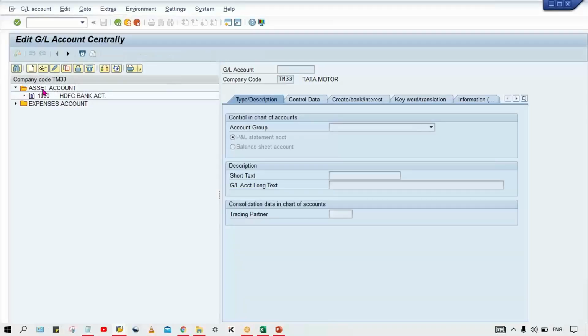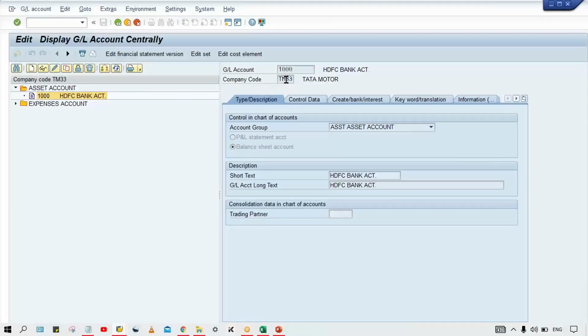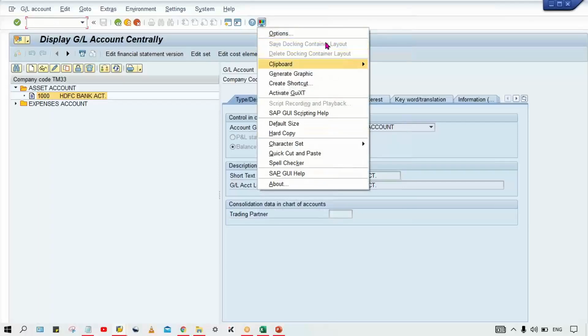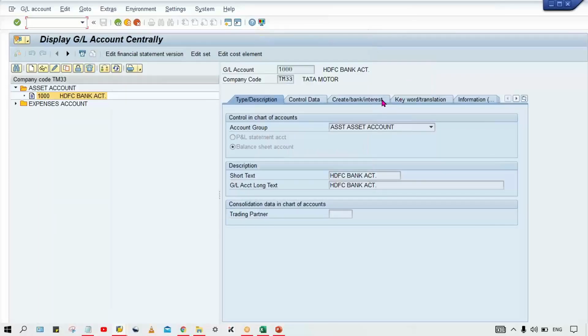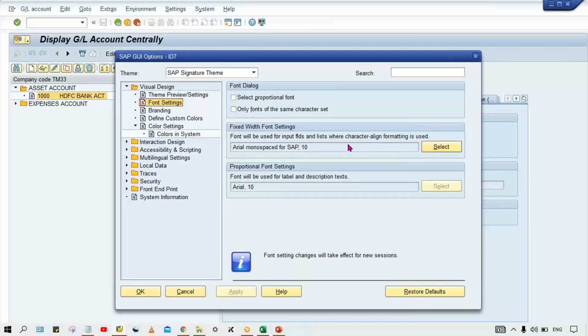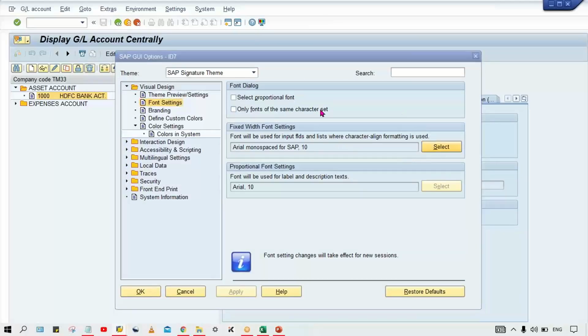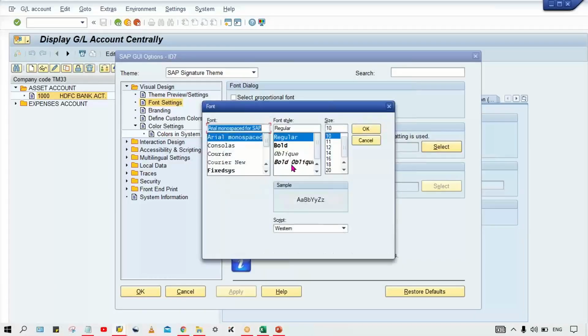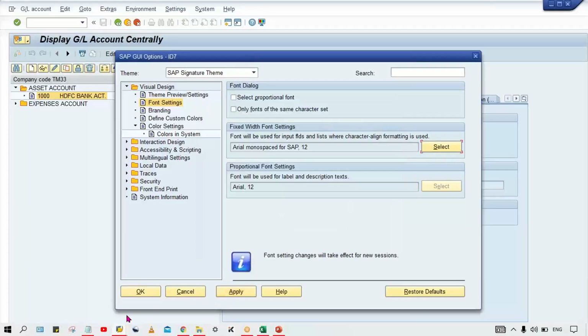Is this fine, guys? Any problem while viewing the accounts? Or do I need to keep 12 only? Keep 12 itself.